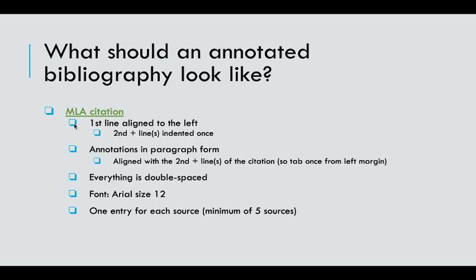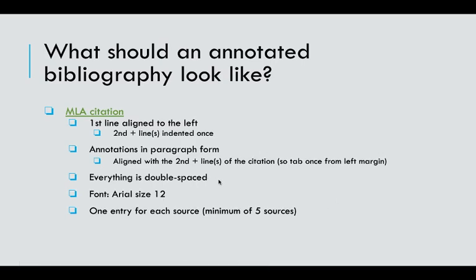If we look at these boxes, this box is the first line in the citation, this box is the second line in the citation, and this box is where the annotation starts. So these would be lined up and this would be hanging off to the left. Again, we'll look at an example momentarily.